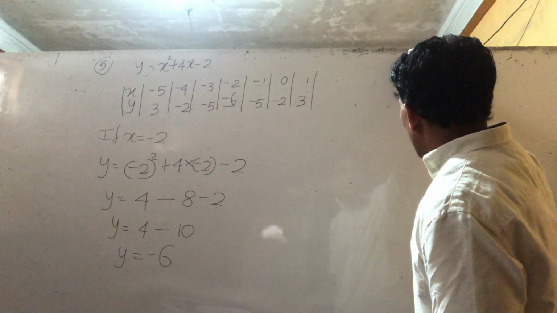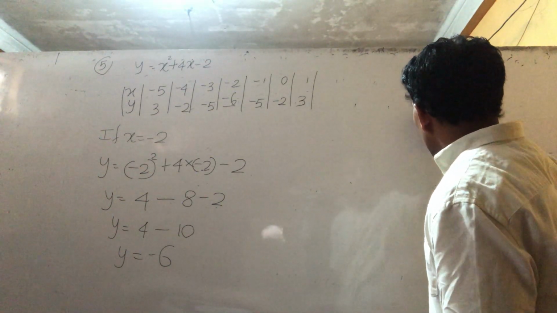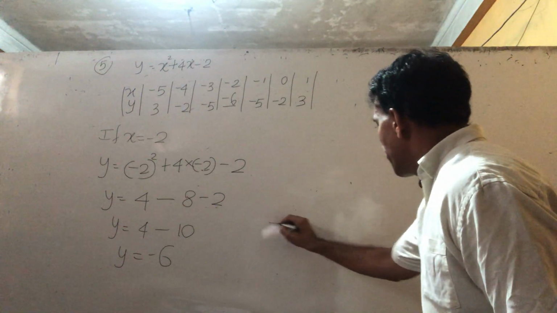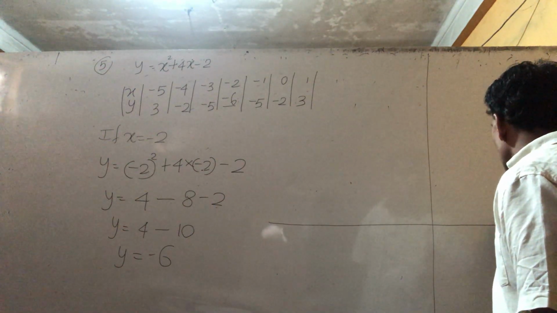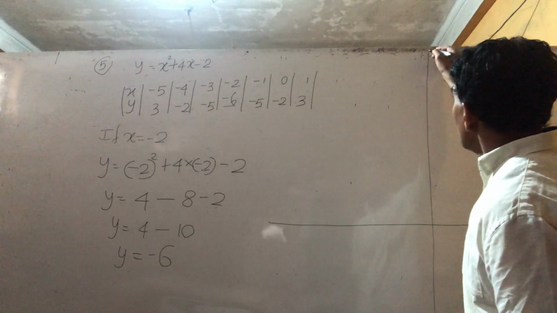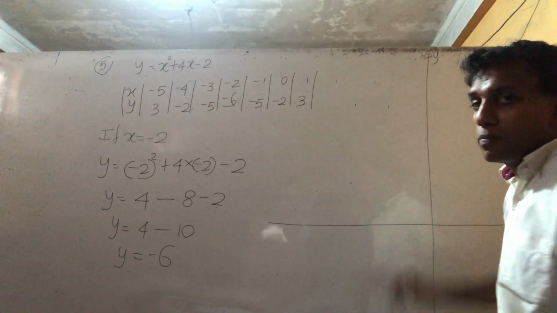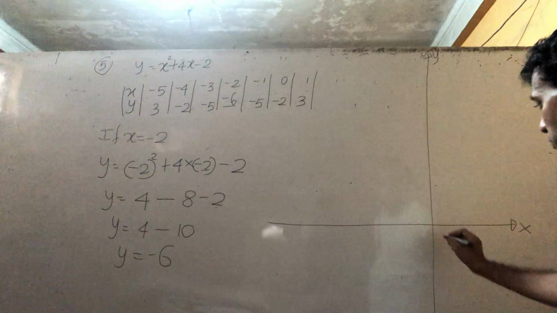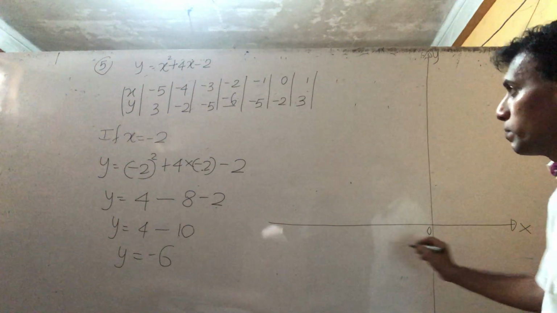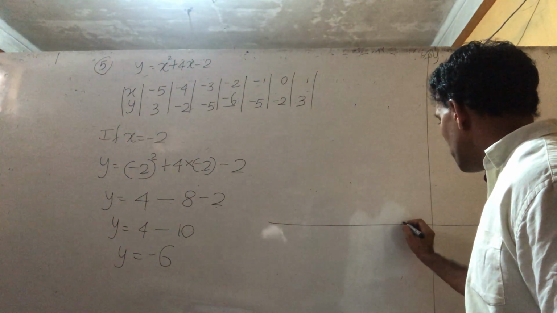But always draw the y-axis first. X up to minus 5 on the negative side.